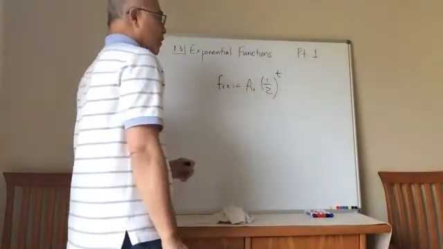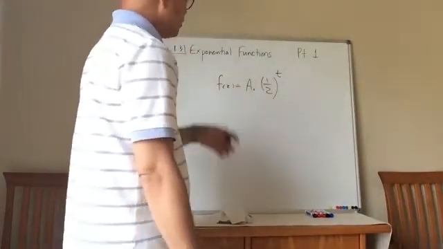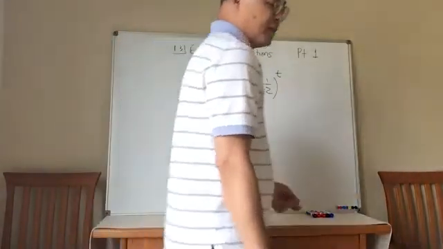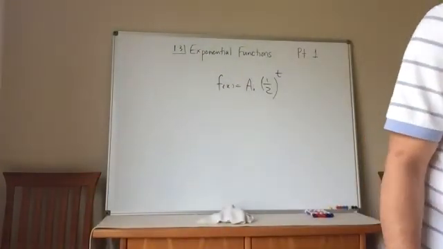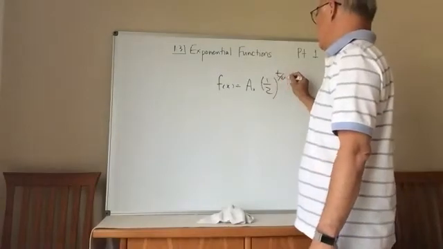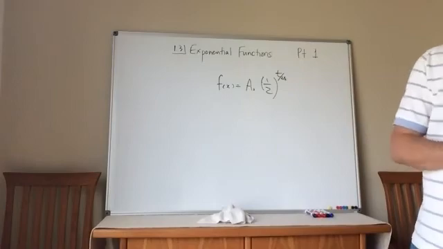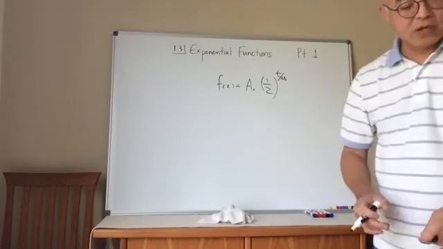Sometimes in some books you will see the exponent written as t divided by 1 half-life, which gives you the number of half-lives.